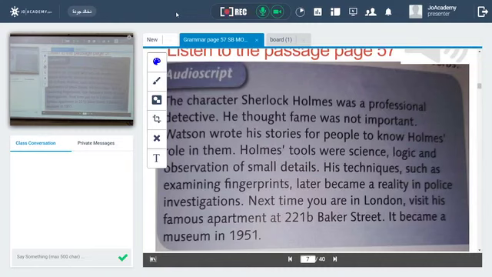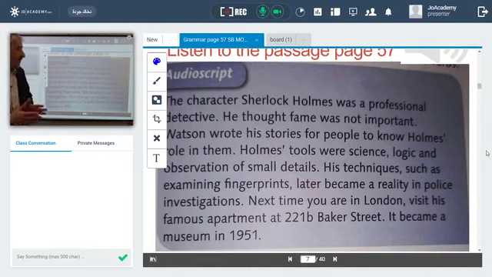Holmes' tools were science, logic, and observation of small details. His techniques, such as examining fingerprints, later became a reality in police investigations. Next time you're in London, visit his famous apartment at 221B Baker Street. It became a museum in 1951.